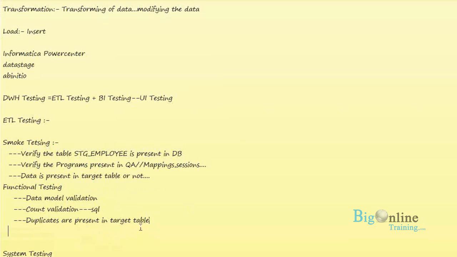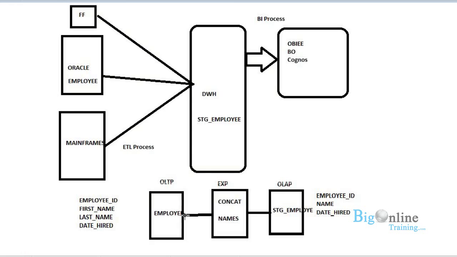And similarly, you're also going to do the data validation between your columns. Now you have seen that the employee ID column is going to the employee ID column, first name and last name, which is concatenated, is going into the name column, and then the date hire is going to the date hire column.